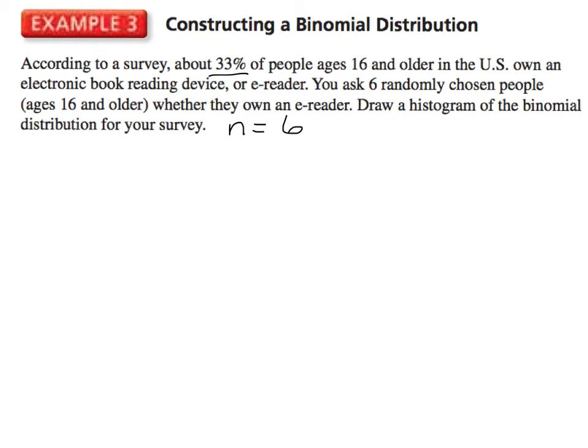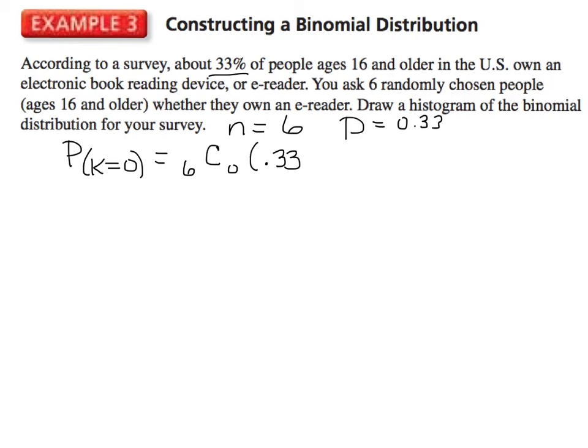So what you're going to start doing is this. P, and now we want to know if k is 0. So we can have choices, either all 6 people or no one has an e-reader. So this would be 6 people, choose 0. Now 33% is our P. And why is that? Well, we know that P is the success.